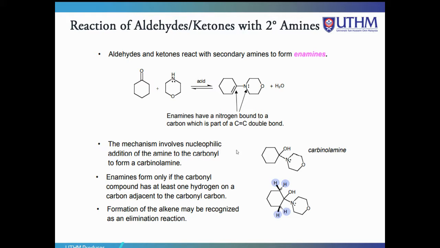The mechanism involves nucleophilic addition of the amine to the carbonyl to form a carbinolamine. Enamines form only if the carbonyl compound has at least one hydrogen on a carbon adjacent to the carbonyl carbon. Formation of the alkene may be recognized as an elimination reaction.